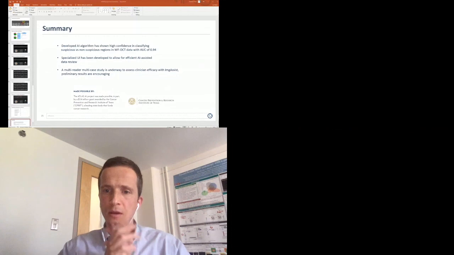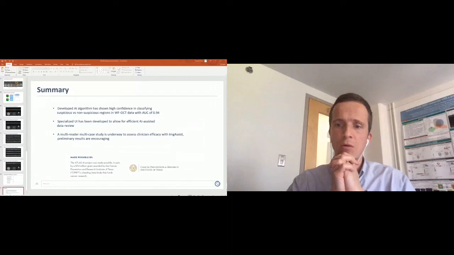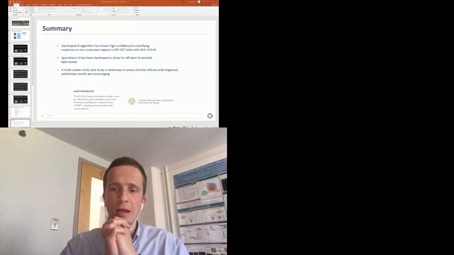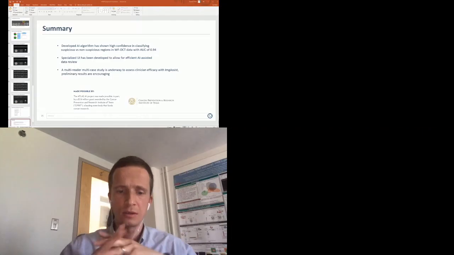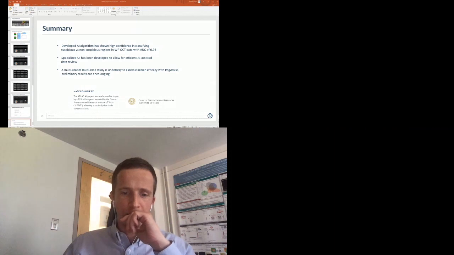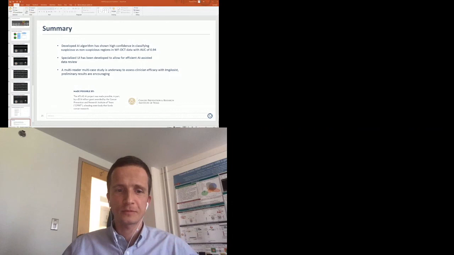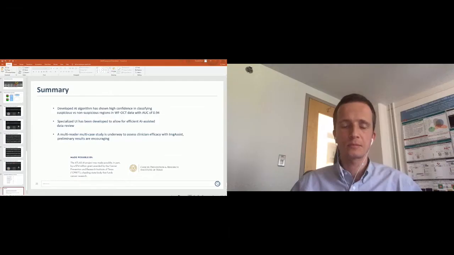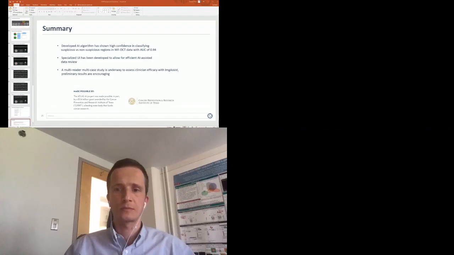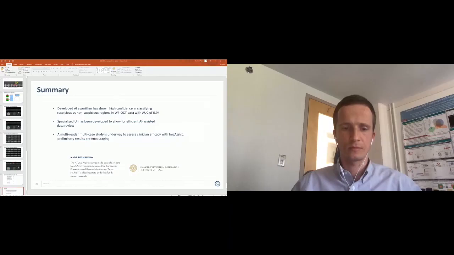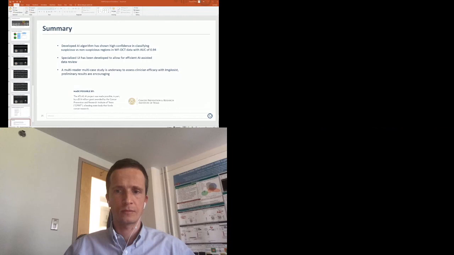Now maybe a question from the audience. Can you go over what is needed for an AI algorithm to get cleared by the FDA in a diagnostic product? Yes, it's a very good question. I think it depends on the analysis done by the FDA. For example, you can use the 510(k) pathway, which relies on a predicate device.